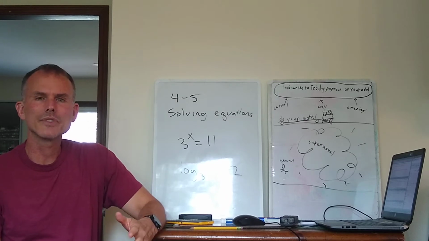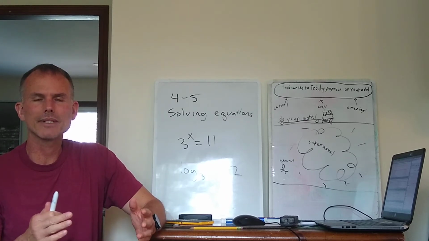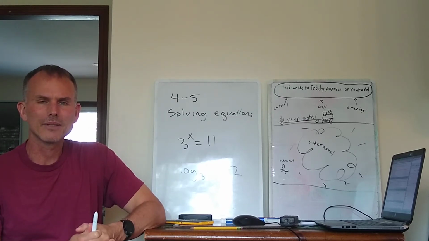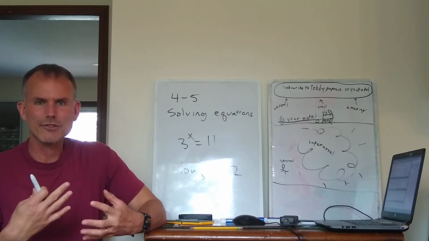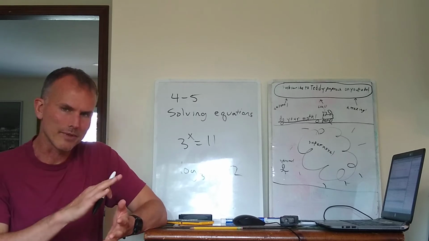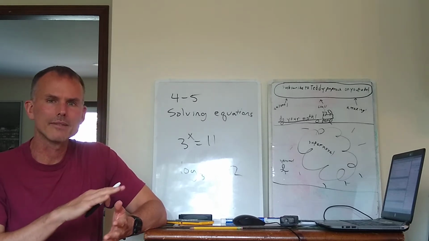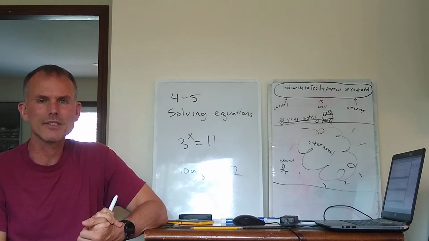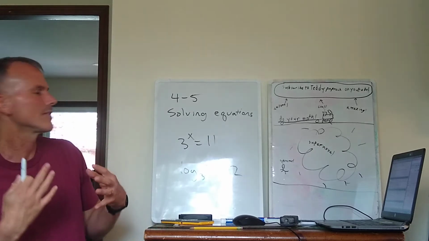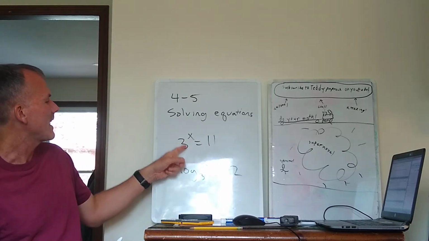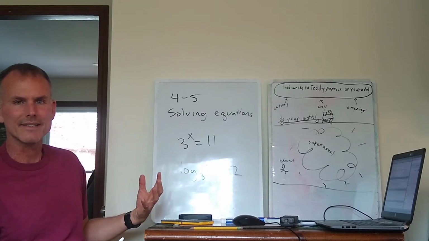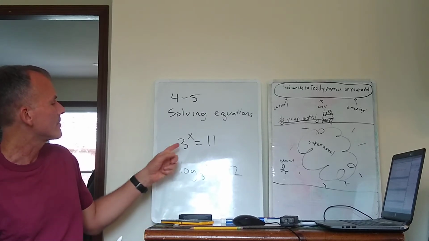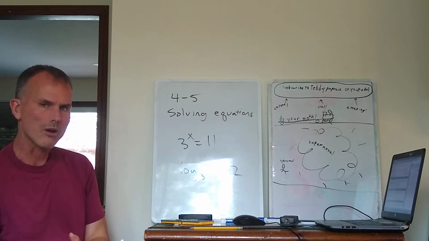Now, not to spoil the surprise, because everybody already knows from previous sections that exponentiation and taking the logarithm of something are inverse operations. So, to undo exponentiation, like right here, where x is being exponentiated to base 3, we're going to use a logarithm.